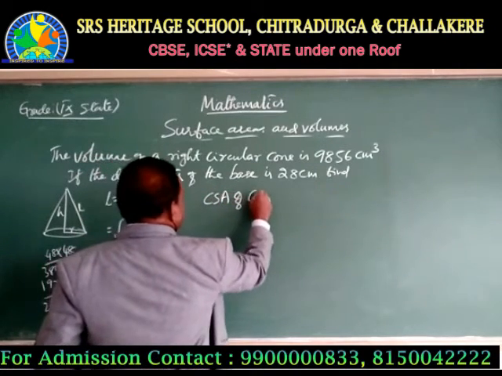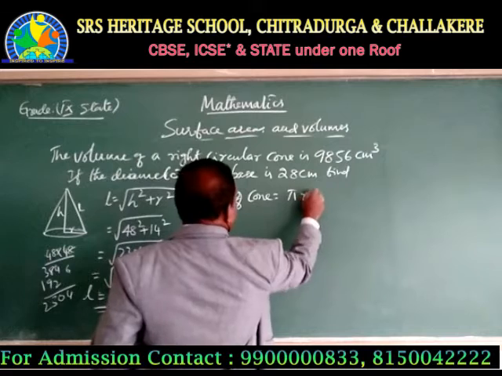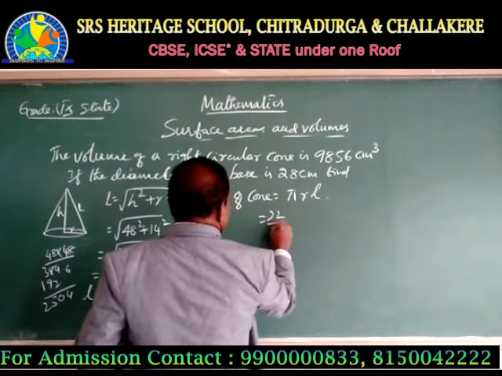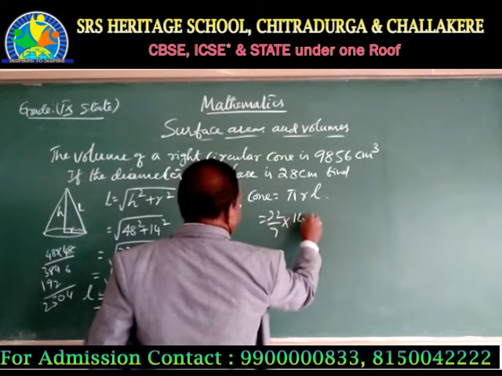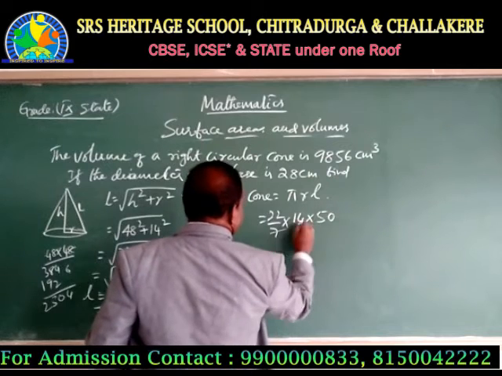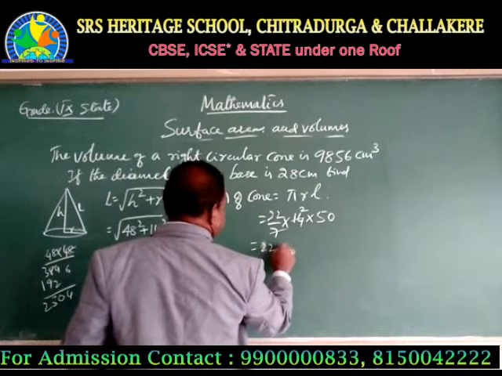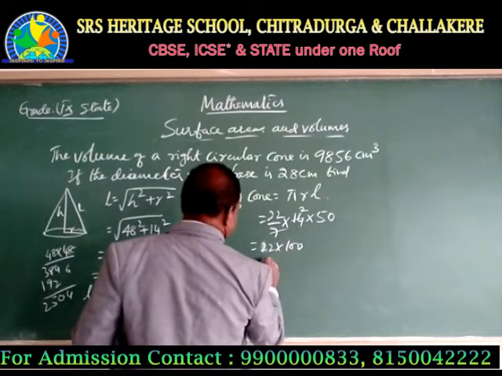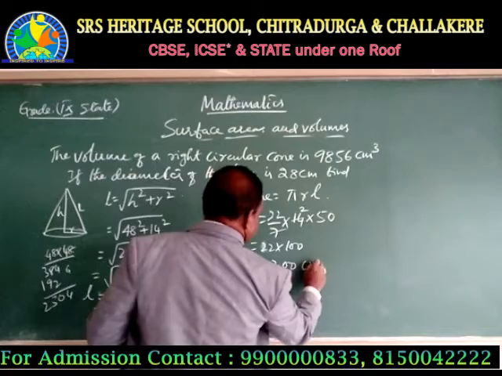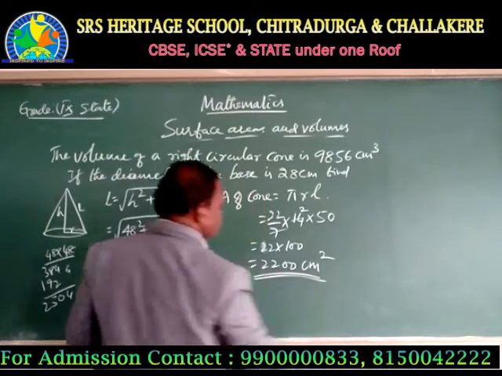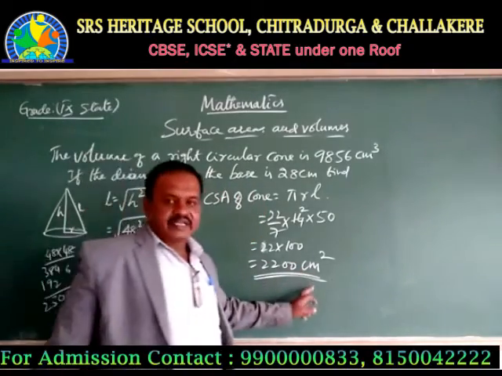CSA of cone is equal to pi r L. So 22 by 7 into r is 14 into 50. 7 twos are 14, 22 into 100, that is equal to 2200 centimeter square. You should write the unit.